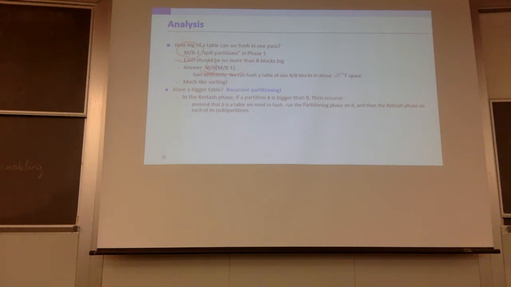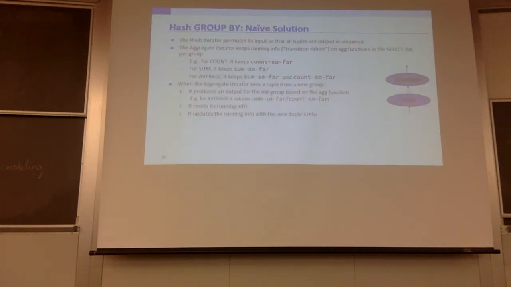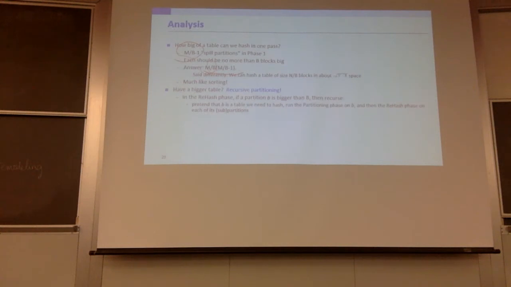So said differently, we can hash a table of size N over B in about square root of N over B pages in memory. The reason is that M over B times M over B minus 1 is the largest size of the data of your table.